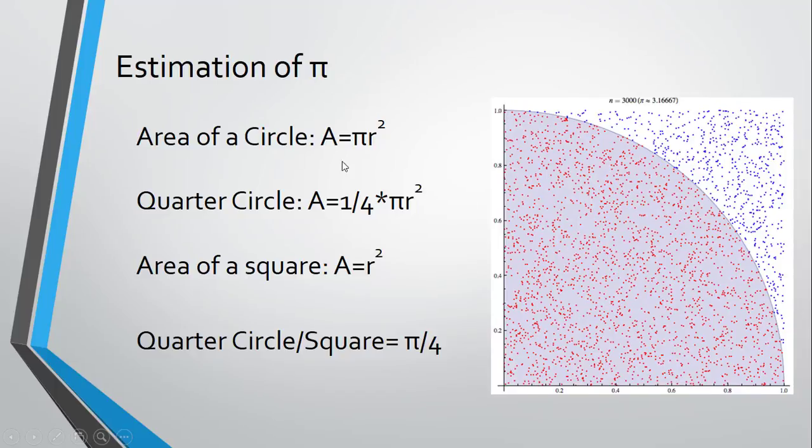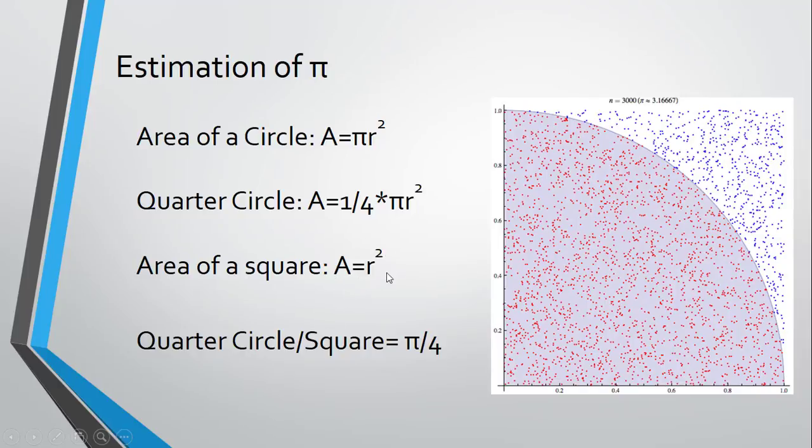The area of the circle is pi times r squared. We all know that. So the area of this quarter circle is 1/4 times pi times r squared. That's the quarter circle, this blue area here. Now, what about the area of the square? Since it's a square, the area of the square is just r squared.